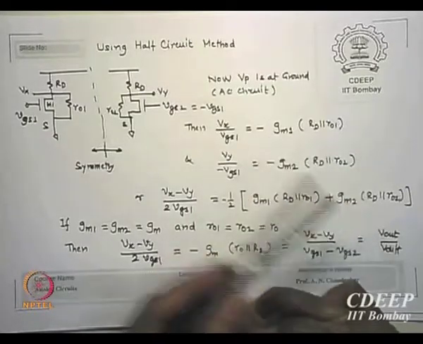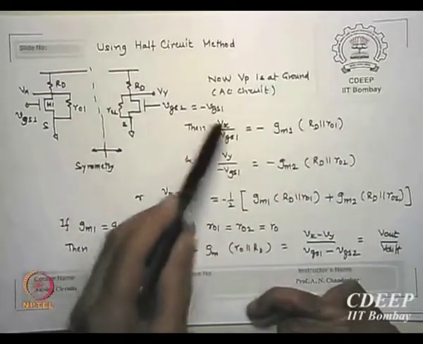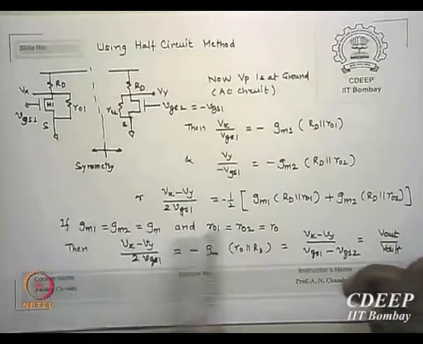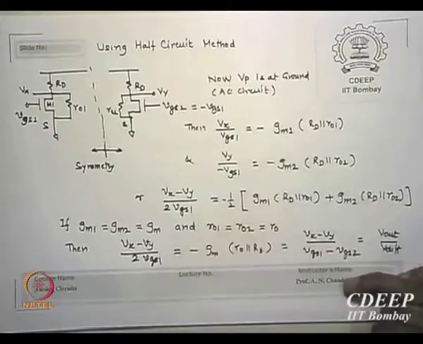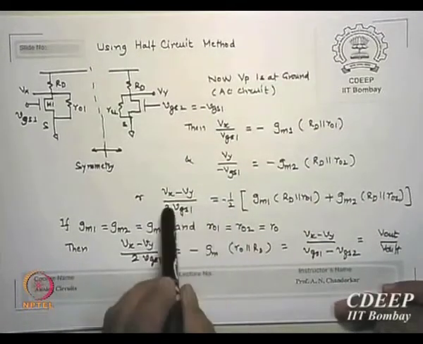RO is parallel to RD, so ro1, ro2. So (Vx minus Vy) upon 2VGS1 is equal to minus half gm (RD parallel ro) of the sum of the two. Why am I using this 2 on both sides, can you think?